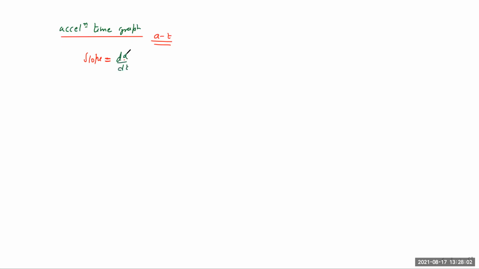Correct. Now we know that dA by dt has no physical meaning, although you can call it jerk, which is d3s by dt cubed. We call it jerk, but it has no physical interpretation for us.